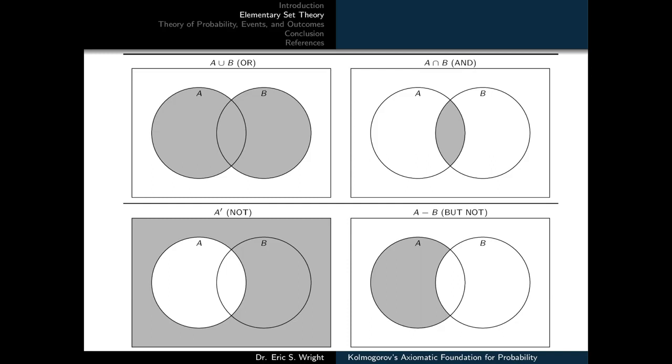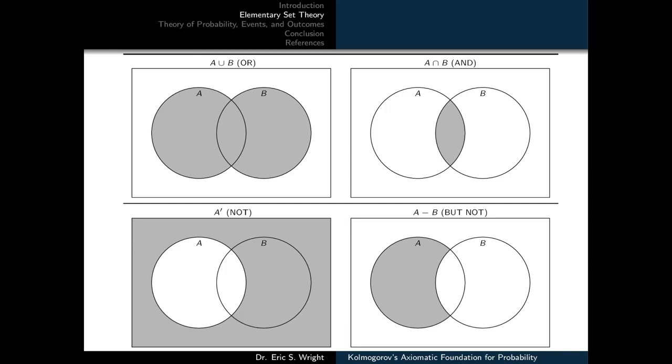On the other hand, an outcome could only be a member of the A and B event if that outcome belonged to the area that was common to the A event and the B event. And that's why we only see the overlapping region between A and B shaded in the A and B diagram, or the intersection diagram.